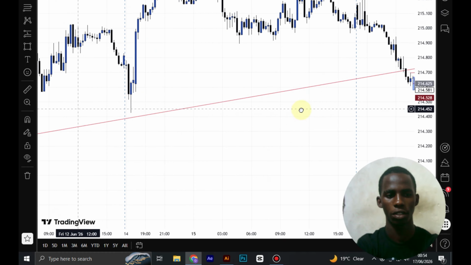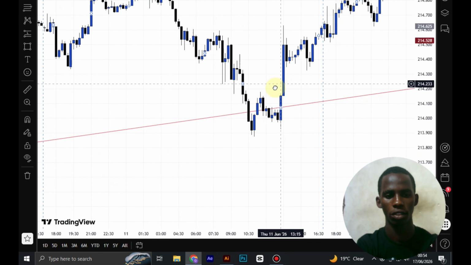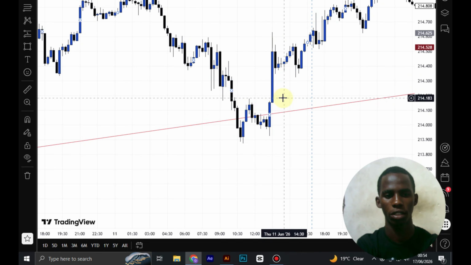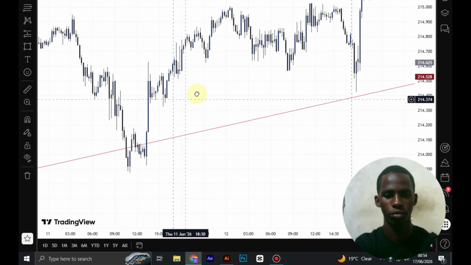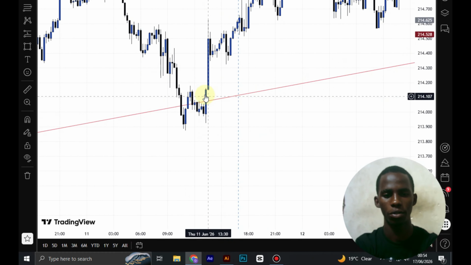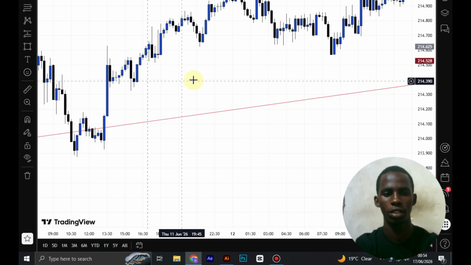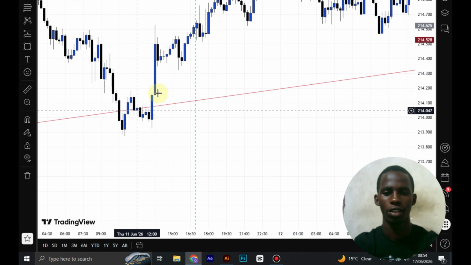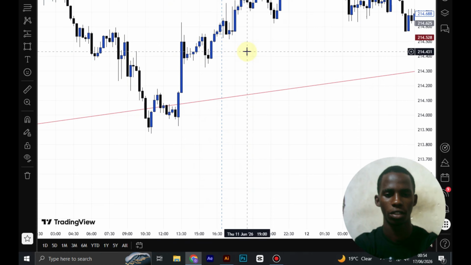Let me show you something else again. Okay, price tapped into this, it made the market structure shift. Now another thing is that sometimes price might leave without actually going with your trade, but that's okay. It's okay to miss out on trades, especially when it shows these candles with big moves, too much momentum.